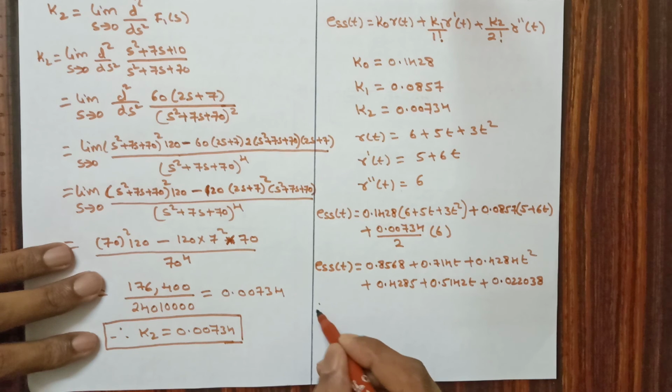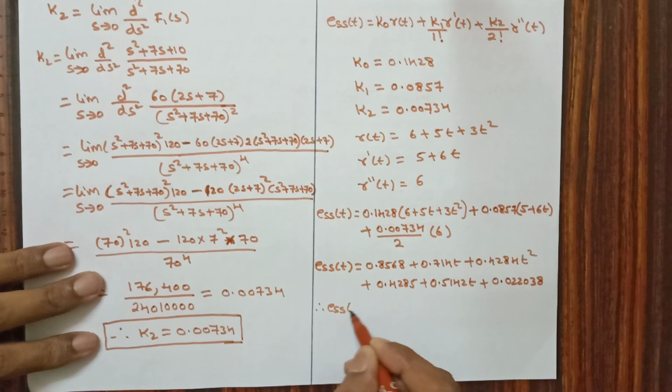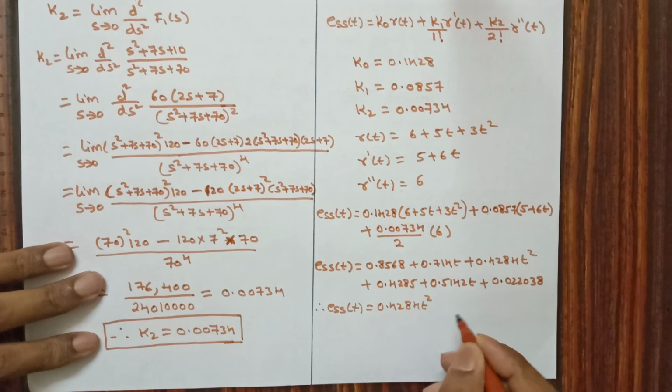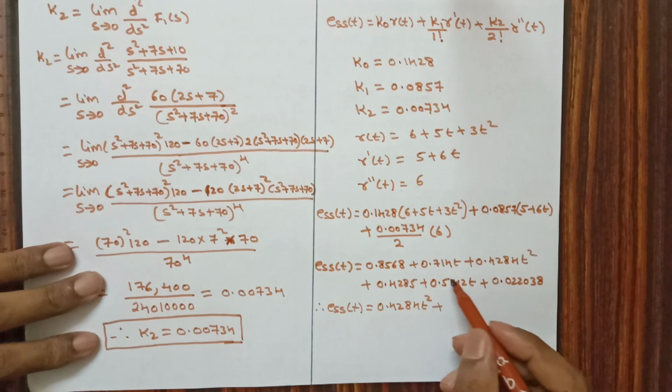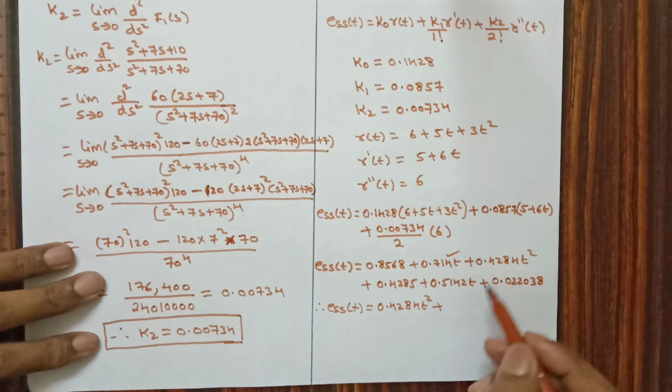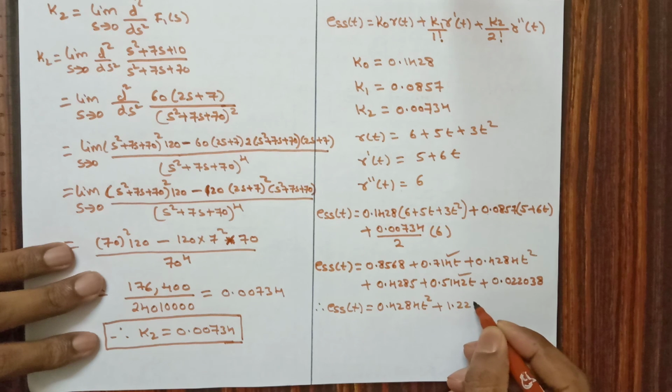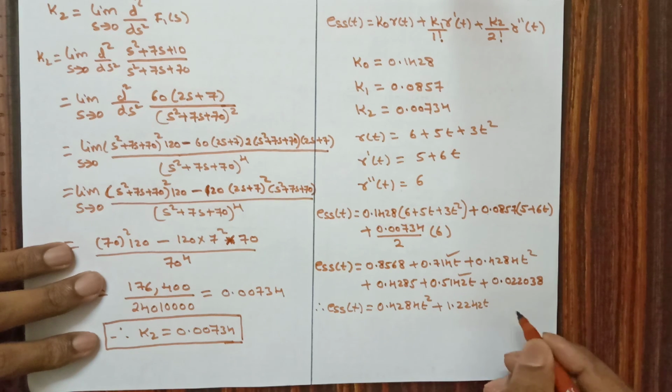So therefore ESS of t, I will write first the t square value, that is 0.4284 t square, plus, by adding this t value and this t value, I will get 1.2242 t.